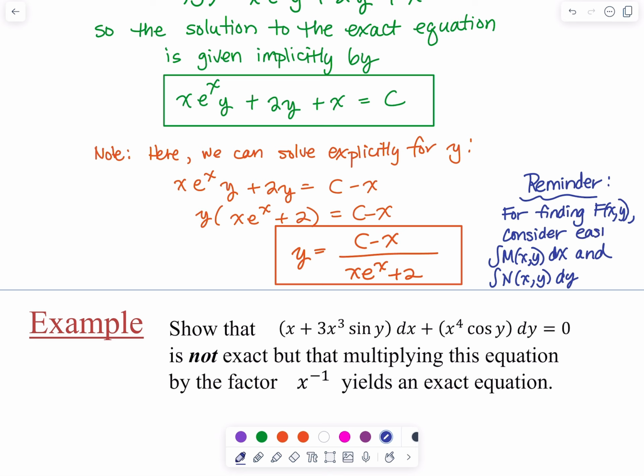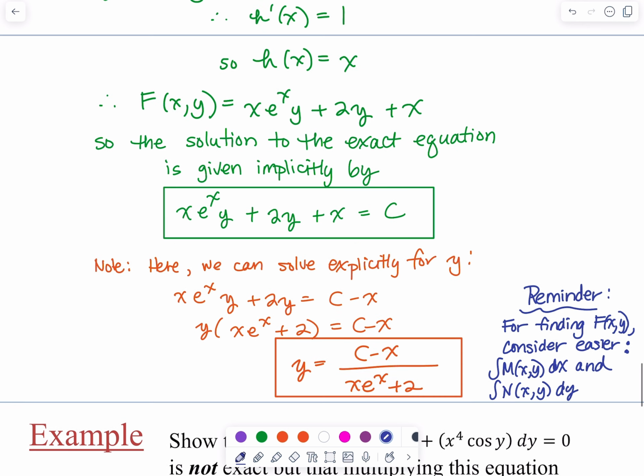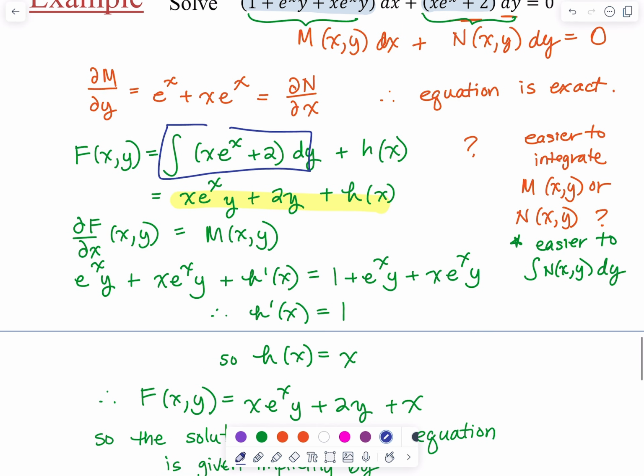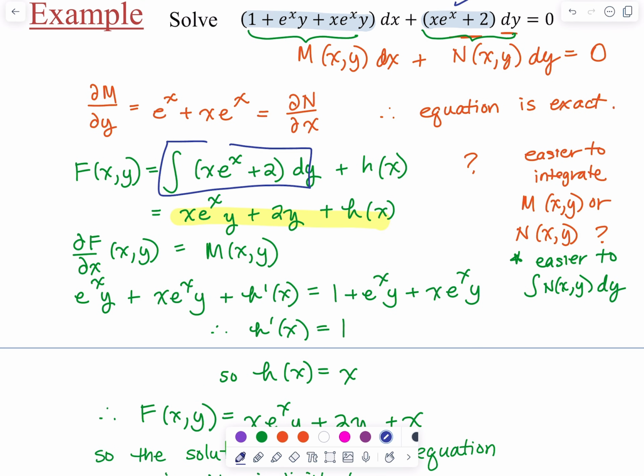So we want to look at which one of those integrals is easier. And as you can see, the integral of n was easier than integrating m.